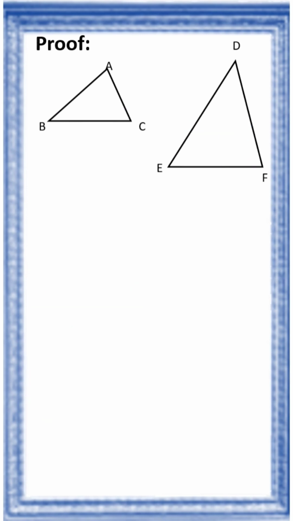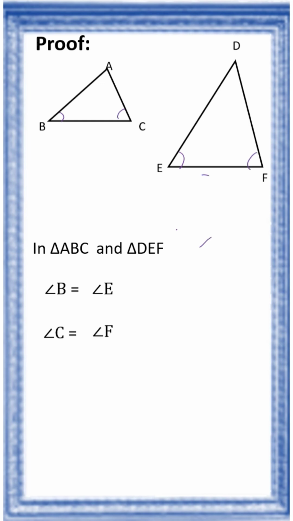So in triangle ABC and triangle DEF, what do we have? Angle B is equal to angle E and angle C is equal to angle F. Angle A is equal to angle D, it has already been given.